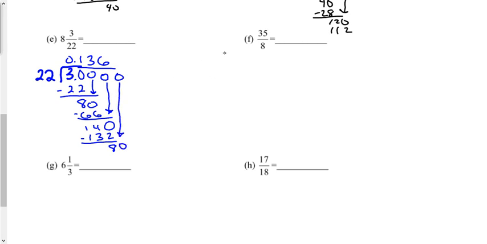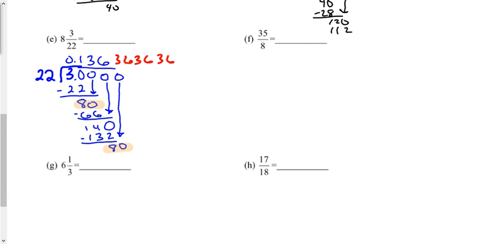Did you spot it? Did you see it? Look right here. 80, 80. That means it's going to repeat. So from here on out, it's just going to keep repeating. Right? 22 goes into here, 3 times and then 6 times, and then 3 times and 6 times. You can check it out if you want.